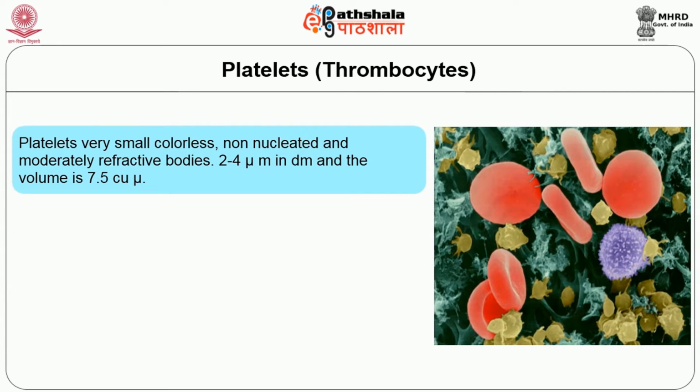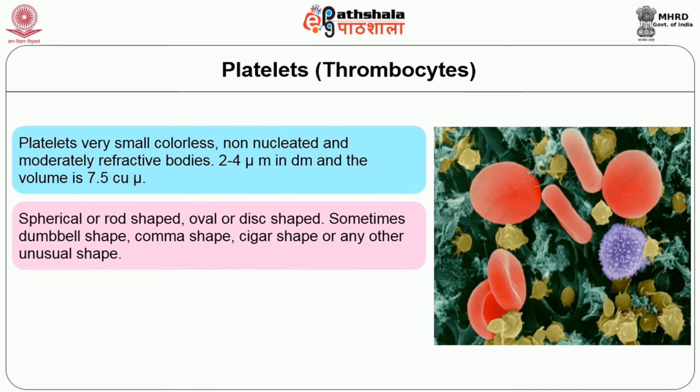They are derived from the fragments of cytoplasm of megakaryocytes. The platelets are spherical or rod shaped and become oval or disc shaped. Sometimes they are of dumbbell shape, comma shape, cigar shape, or any other unusual shape.